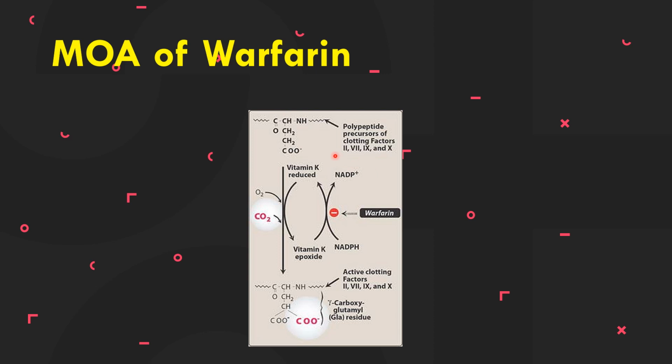They are inactive. ठीक है, vitamin K is necessary for their activation. So active clotting factors 2, 7, 9, 10 are activated when there is addition of the gamma carboxyl glutamyl residues. ठीक है, and this is done when there is conversion of vitamin K into its vitamin K epoxide.